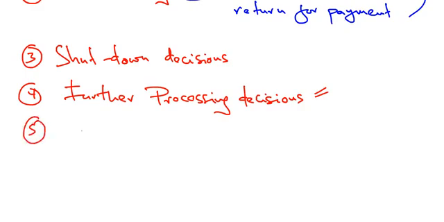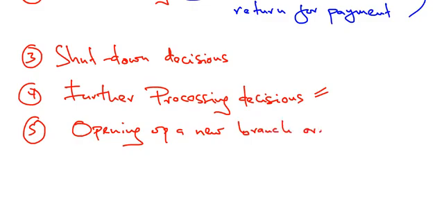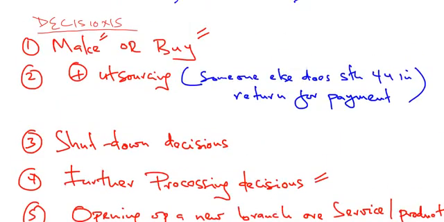For instance, it could be opening up a new branch or service or product line. So you can use the same principles to do such a thing. So that's the basic theory.